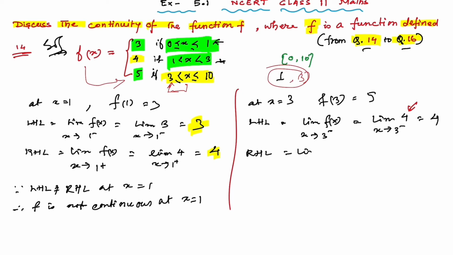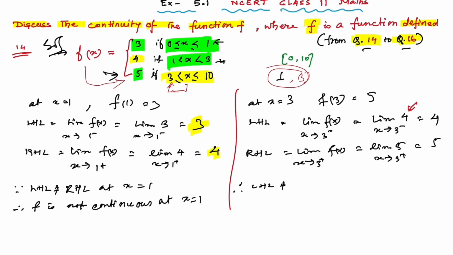Now the right hand limit, limit of f of x as x tends to 3 positive. For x greater than 3, f of x is given by 5. So the limit of 5 as x tends to 3 positive is going to be equal to 5. Here also the left hand limit and right hand limit are not equal.